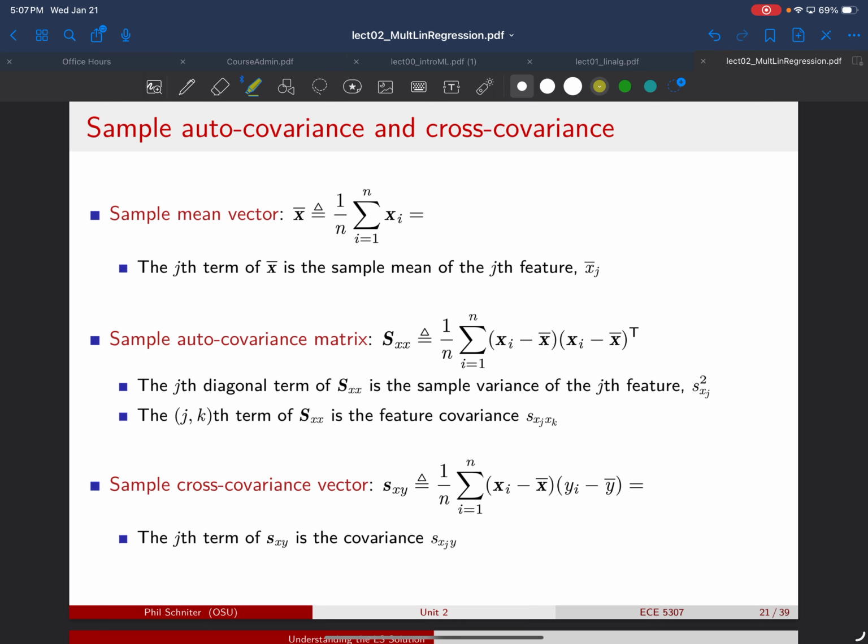In this case, it's going to have n terms, but I'm asking what's the ith term? We had to transpose it because this was a row vector. It's like if I have a column and I ask what's the ith term. If I have a vector and I ask for the ith term, it doesn't matter whether it's a row or column. I can transpose it. Does that answer your question?